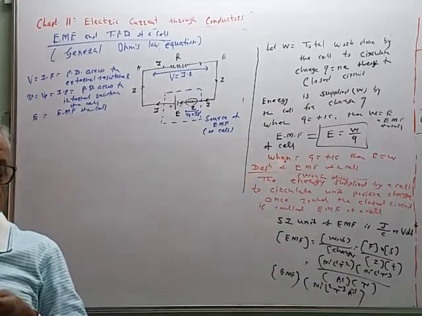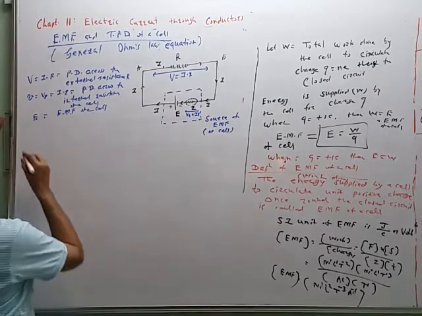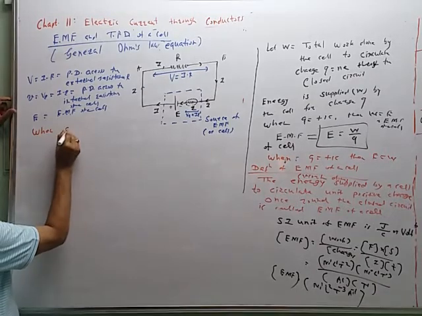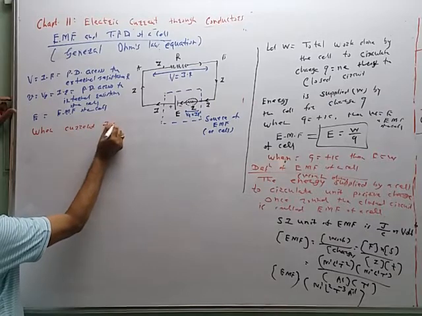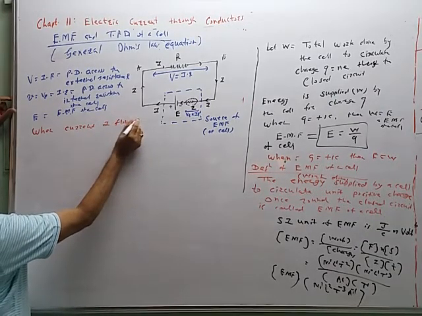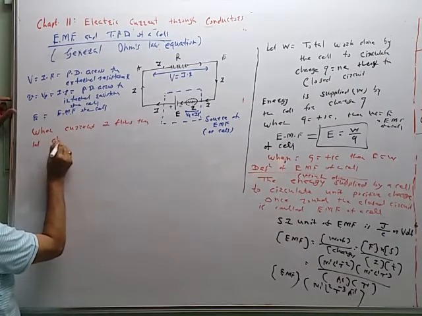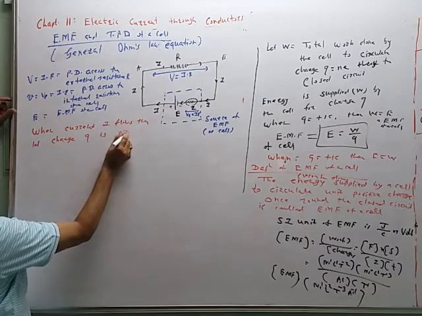So when the current flows through the circuit, it means that charges are flowing. So we will assume that when current I flows, then let the charge Q be circulating.